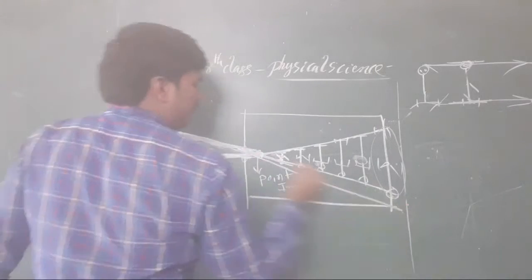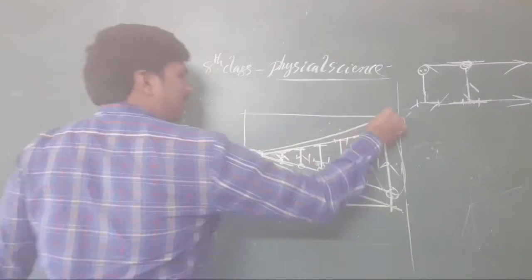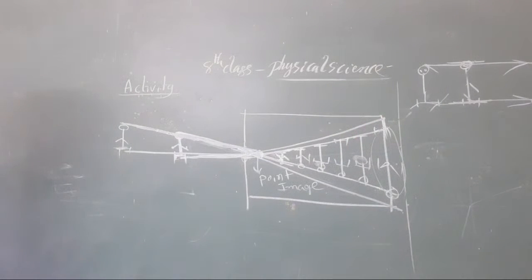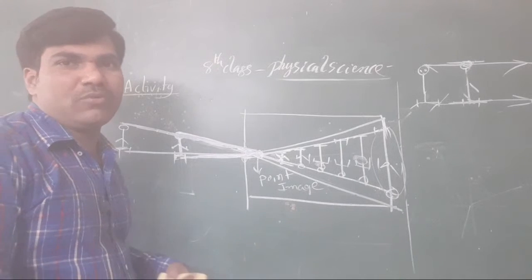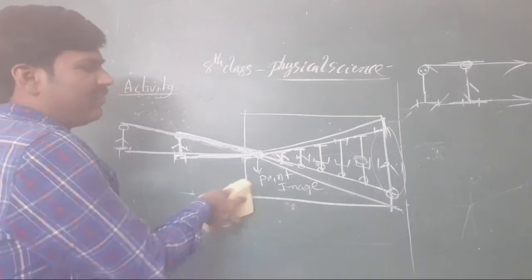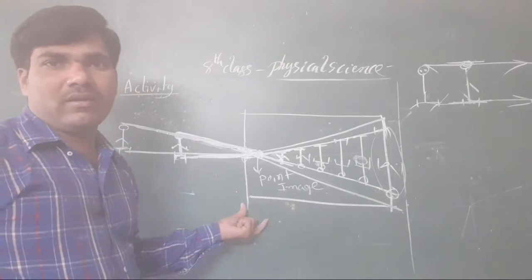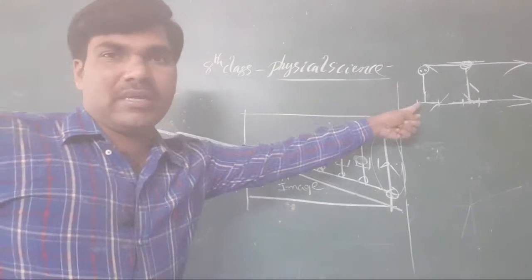Automatically the size increases on the screen in the same place. Okay, clear or not, all of you students? In this mode only we concluded about this particular pinhole image formation. About this we will discuss again later, very clearly.